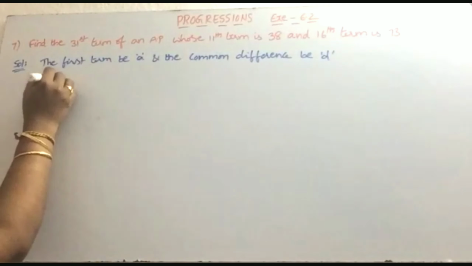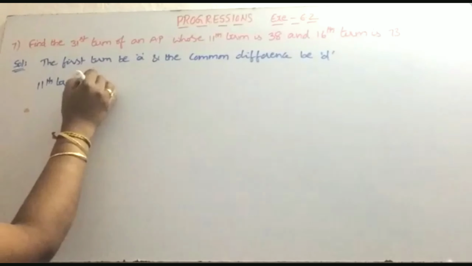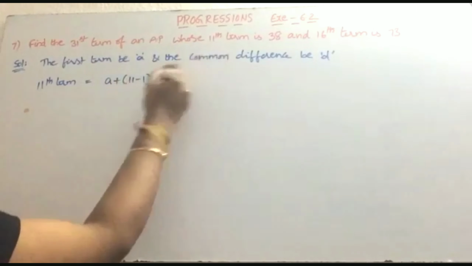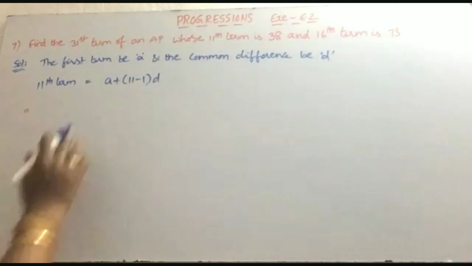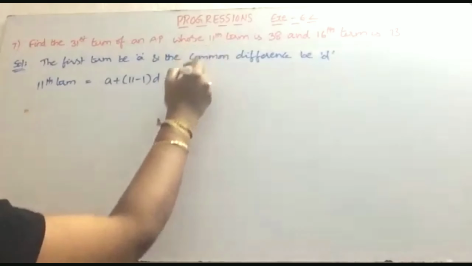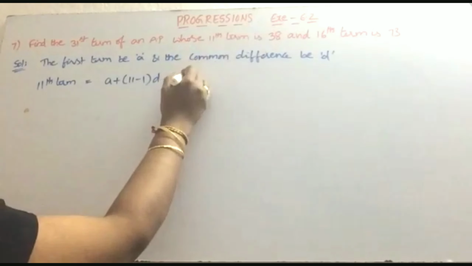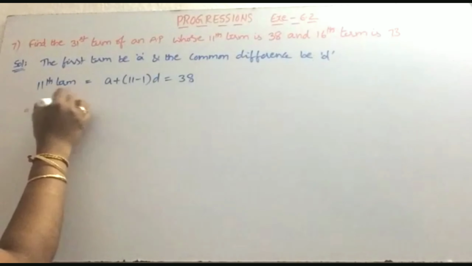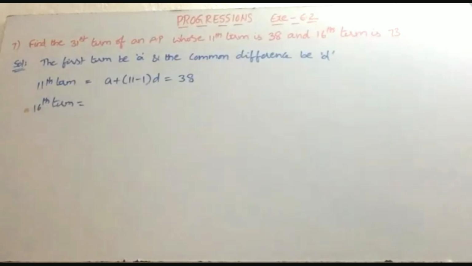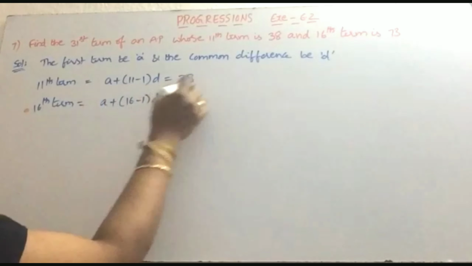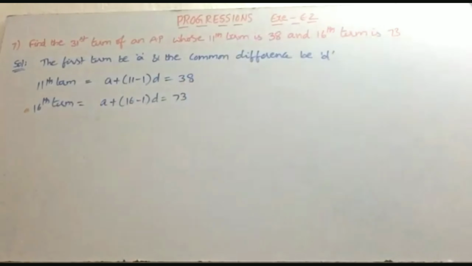So 11th term equal to A plus 11 minus 1 into D is equal to 38. And 16th term is A plus 16 minus 1 into D is equal to 73.